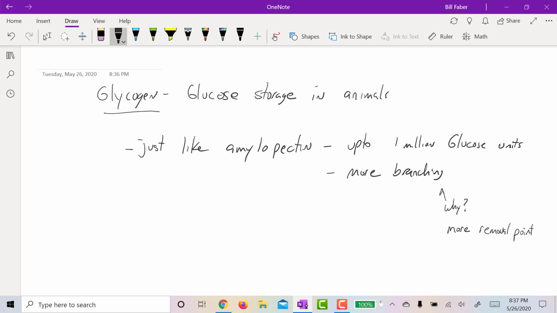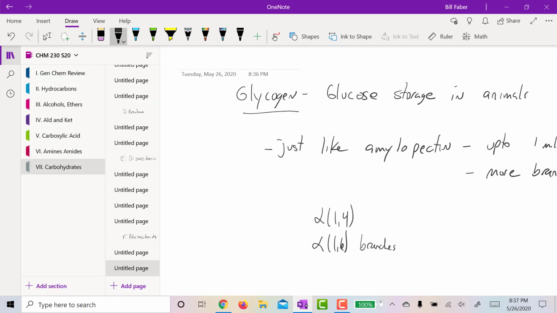And so we can access our glucose reserves faster because of all these extra retrieval points, so that we can break it down faster. And plants don't need to do that. Plants don't need to escape. They're rooted, right? So same thing, alpha 1,4 and alpha 1,6 linkages for the branches.